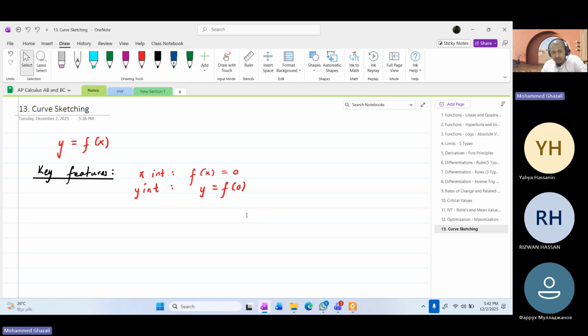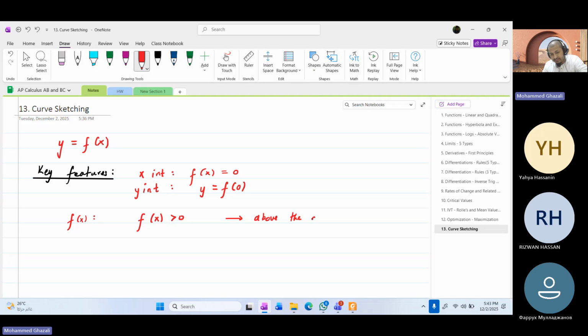We already know about the x-intercept and y-intercept. What about where the function is positive, negative, or equal to 0? Let's observe the function itself, f of x. When f of x is greater than 0, it means the function is above the x-axis.